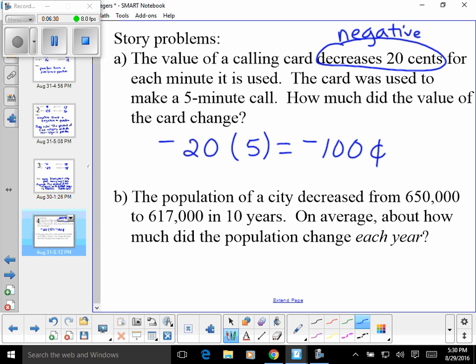Now, if you think about it, we could also do a decimal of 20 cents times 5, and we will get a negative $1. So you can do it with either the whole number integer, or you can actually use it with the decimals, which we're going to come to in another chapter.